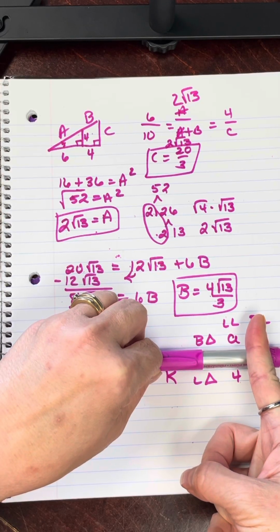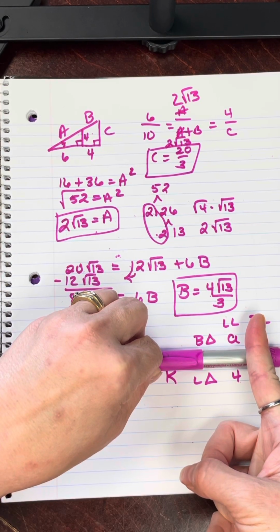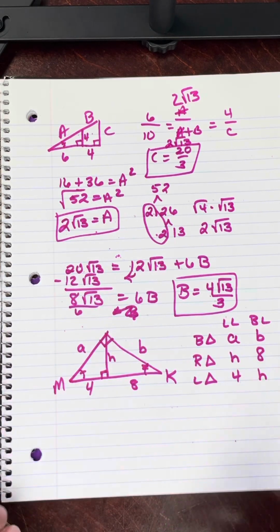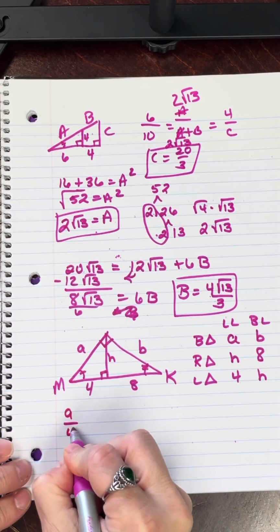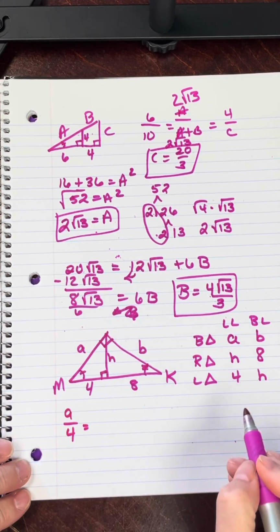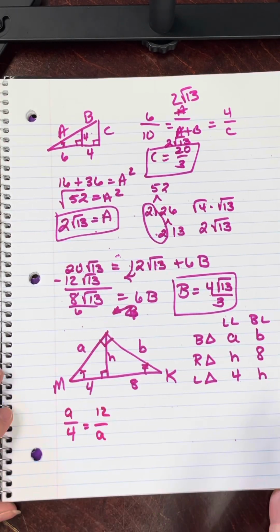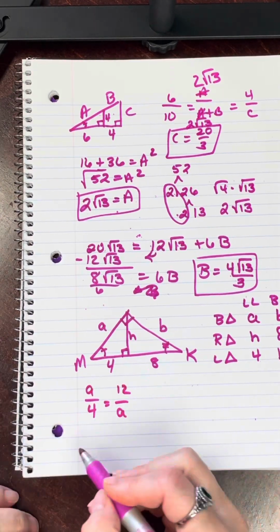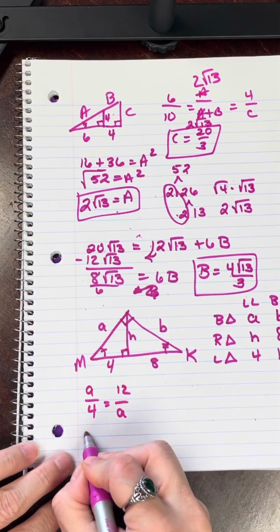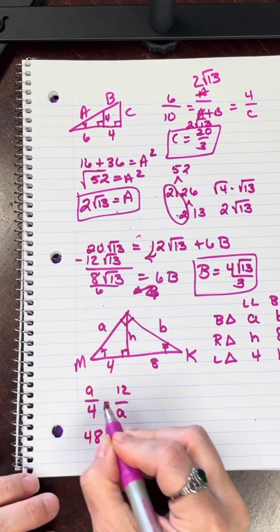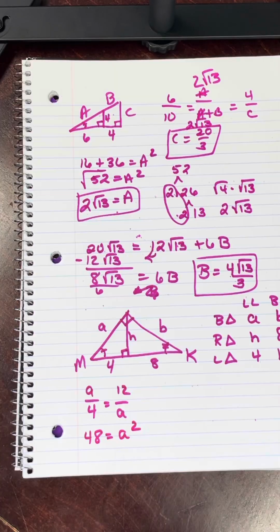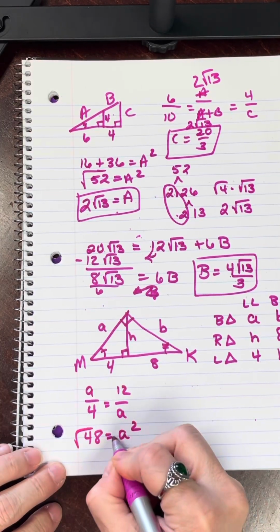So here is the proportion that I'm going to use, because it's the ones that have the A's. That gives me A over 4 equals 12 over A. And I'm going to solve by cross multiplying. So 4 times 12 is 48. A times A is A squared. How do I remove the squared? I square root both sides.